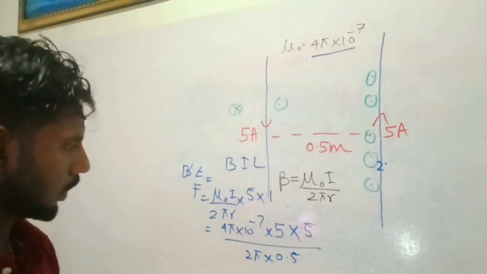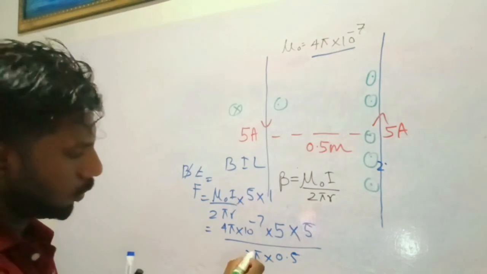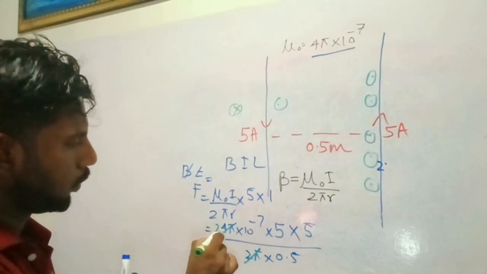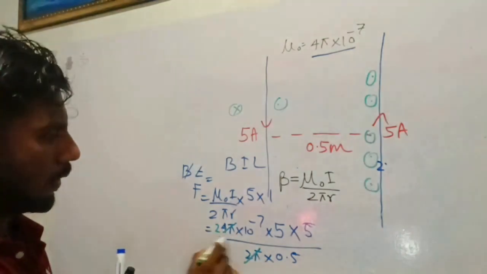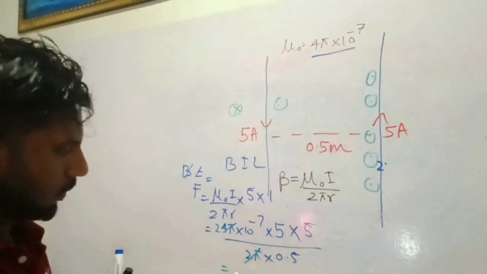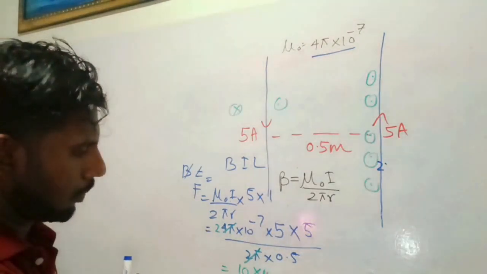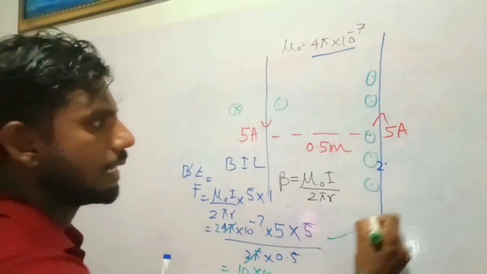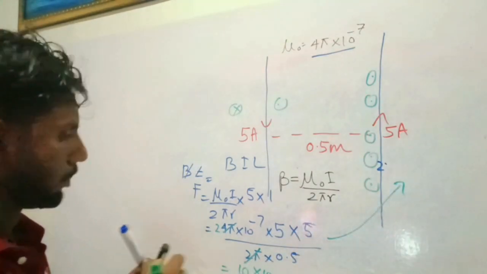Let's do the simplification now. 4 pi, 4 pi, 2 pi, 4 pi cancel off. We have 2 here, and 2 into 5, of course 10, into 10 to the power minus 7. Let's move it up here so you can see.